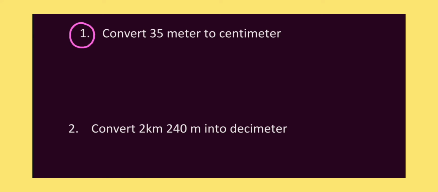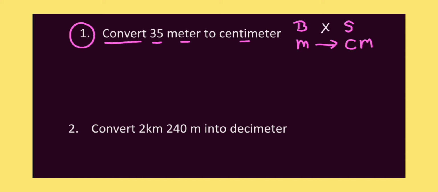In the first question, they are asking me to convert 35 meters to centimeters. So here we are going to convert meter into centimeter. That means this is the bigger unit and this is the smaller unit. Now in the previous slide we have seen that when we convert a bigger unit to a smaller unit, which operation do we perform? We perform multiplication.